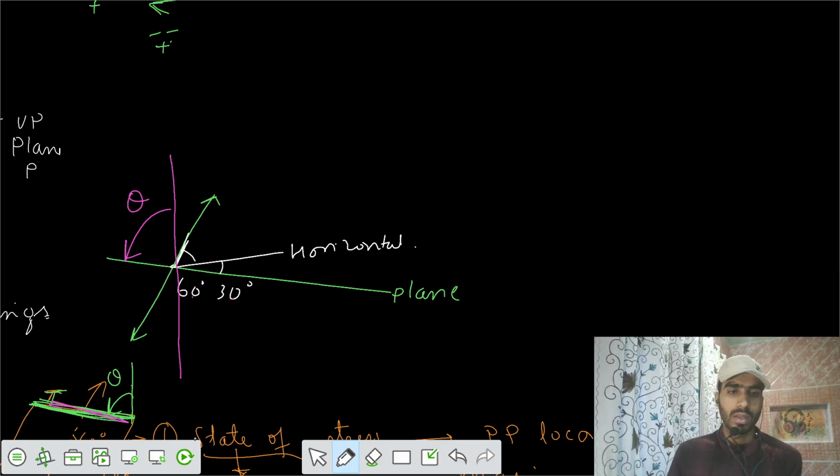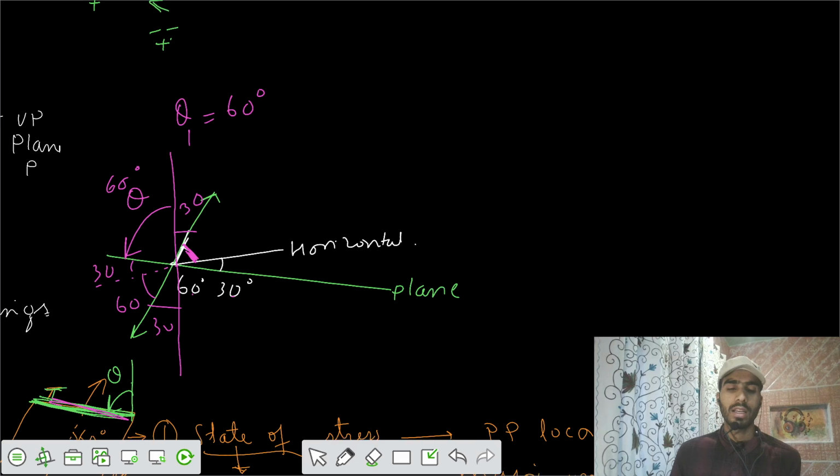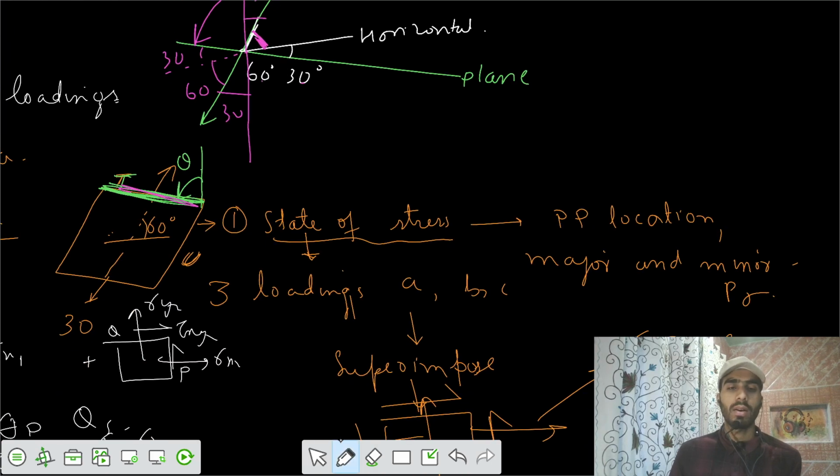That means this is also 60, this is 30, this is 30, this is 60. So theta equals 60 degrees.